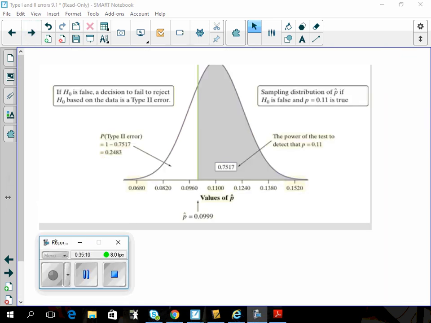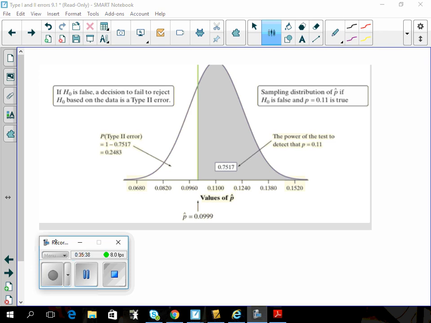All right, so when I look here, we have a sampling distribution of p hat if the null is false, and based on that, here's a decision that we're going to make based on the type 2 error. Over here, the power of the test is going to be whatever is shaded to the right. It's kind of a strong power. Here's a type 2 error. Remember that these two things add to be what? 1, right?